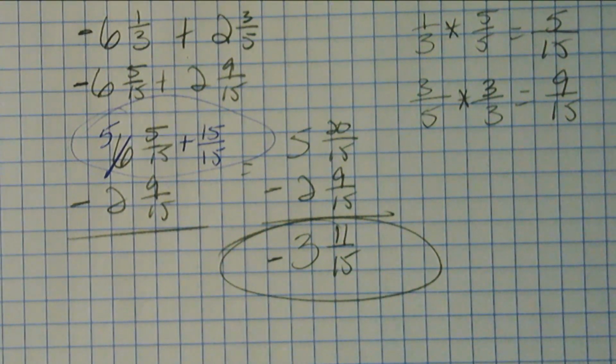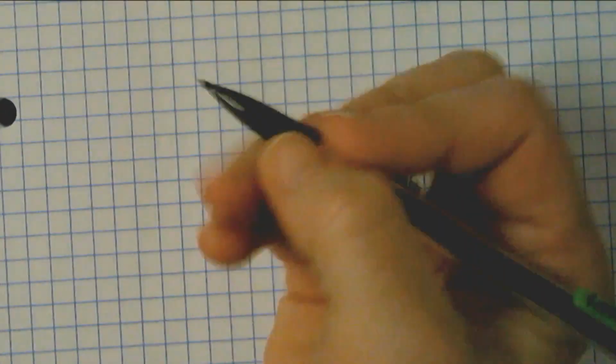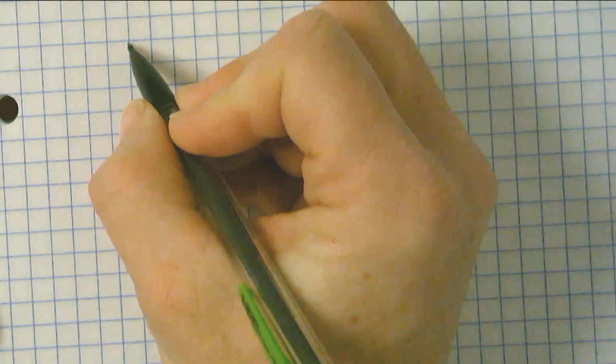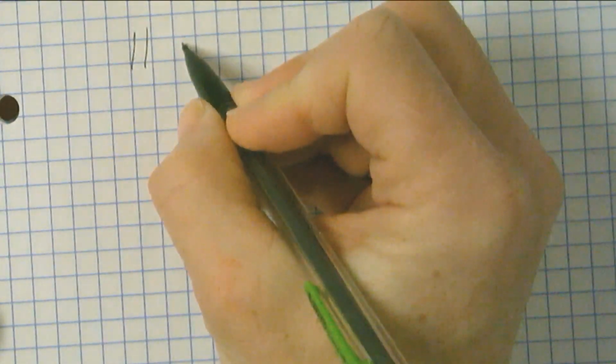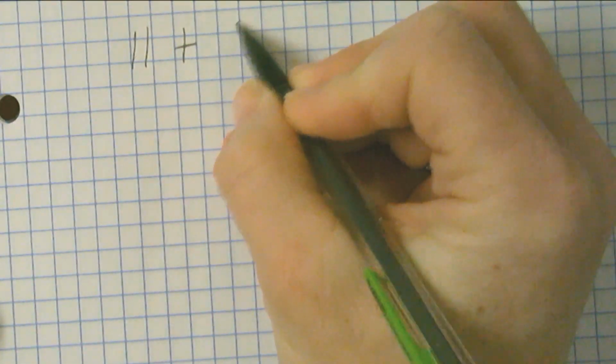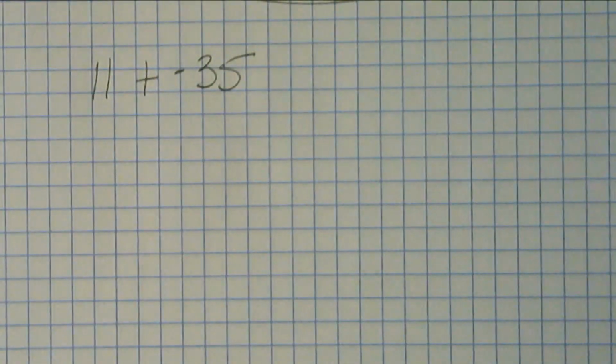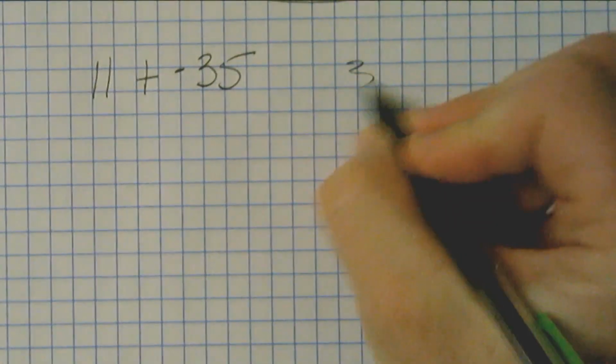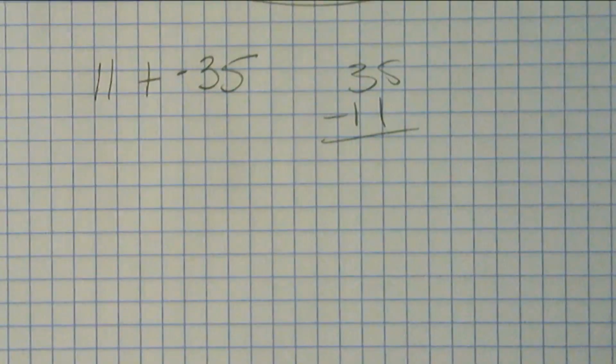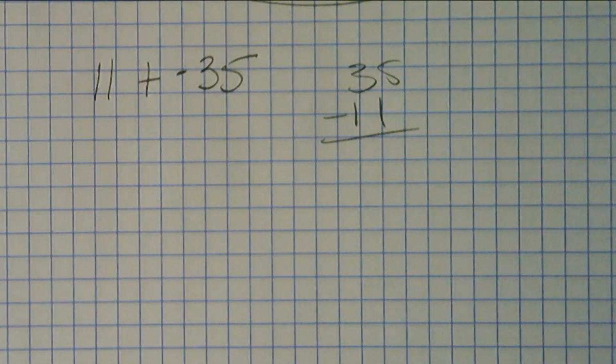Okay, so let me ask you something. If I gave you 11 plus a negative 35, what math are you actually doing in your head? I dropped the negative off, didn't I? Because remember, you're subtracting the absolute values.